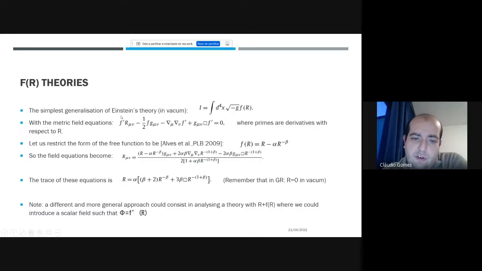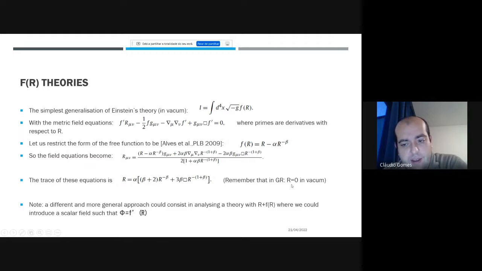So the field equations over here can be recast as shown for this specific choice of f(R) theories. You see, it's really hard to solve. It's not as easy as it was in general relativity. It has many more terms. The trace of the field equations can also be computed, right? We take the trace of this equation and we get this.